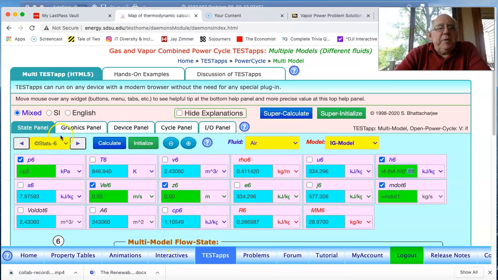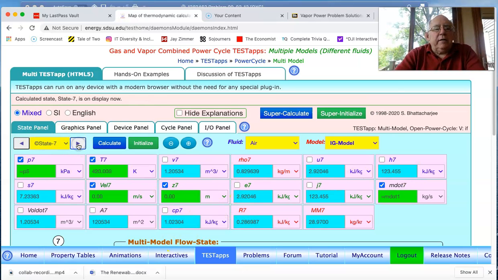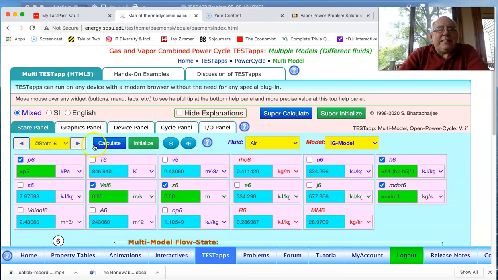And so that gives me the true state 6 going into the heat exchanger. The heat exchanger then allows it to go to a lower temperature of 420. Prior to that, the temperature coming out of the turbine was 847.